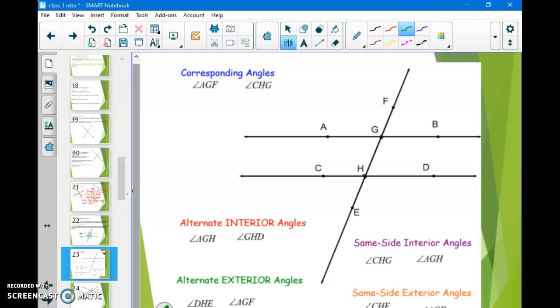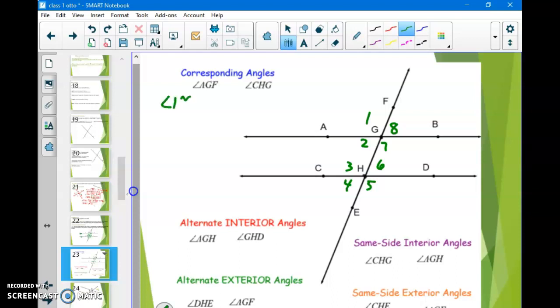We know that corresponding angles, and I already used that term, and just for the fun of it, let's do some numbering here so I can make this a little bit quicker. Corresponding angles like AGF, which I called angle 1, and CHG, angle 3, would be corresponding angles.